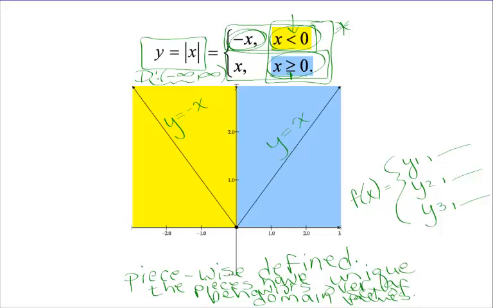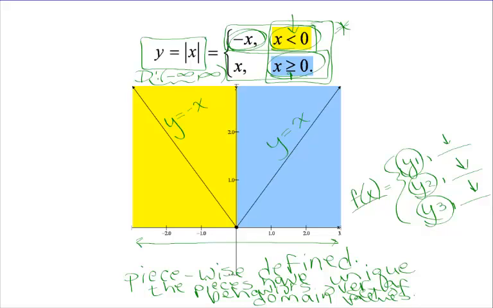But that's telling you over your domain, for what input values does the function act like y1 for these values? For what input values does the function act like y2? Whatever they give you. And y3 will be a completely different set of values.